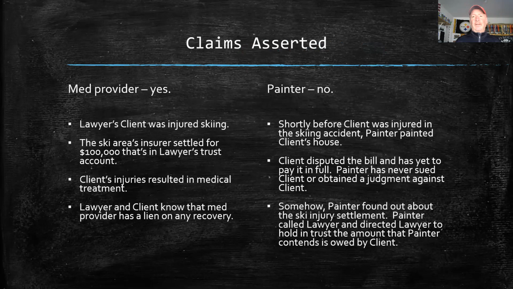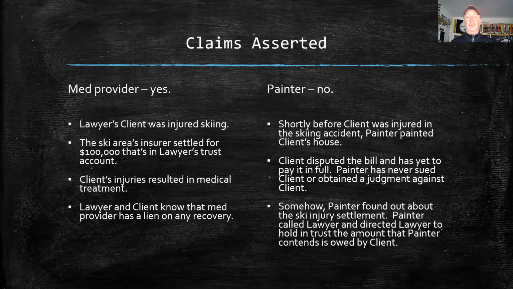When the money comes in, that triggers the duty to promptly notify the medical provider, because the medical provider's interest is in those funds. The medical provider provided services for the injuries that resulted in the client receiving that payout from the insurance company. So it's related to the representation. This claim by the painter that I'm about to talk about is not.